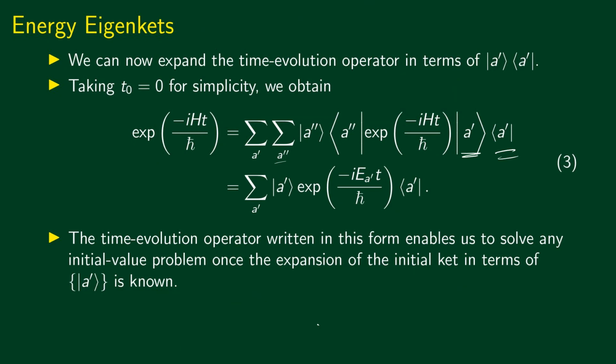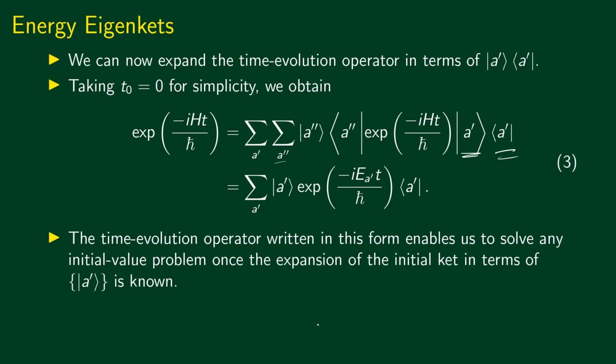Once you write the time evolution operator in this form, we can solve any initial value problem, right? By any initial value problem, we mean that once you know the initial state, using this form of the time evolution operator, you can find the ket at any time.